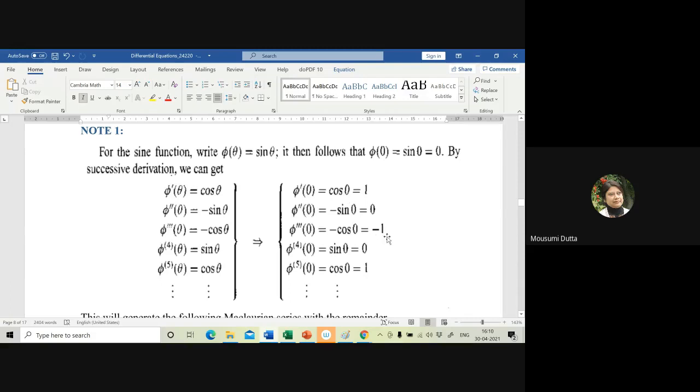The minimum value is minus 1, the maximum value is plus 1. So if I start with sine 0, the band will be between minus 1 and plus 1. Is it okay to all of you?